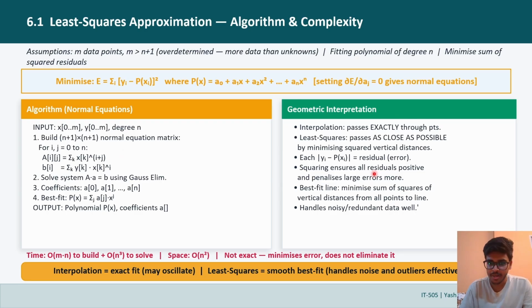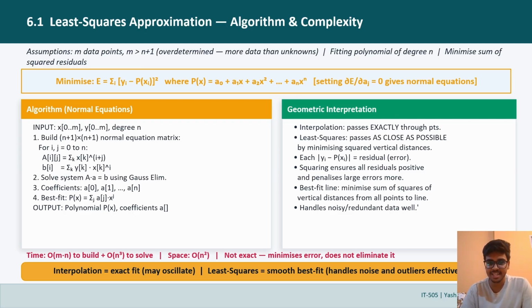Geometric interpretation. Think of it this way: interpolation draws a curve that passes exactly through every data point, including all the noise and measurement errors in the data. Least squares instead draws a smooth curve that is as close as possible to all the points simultaneously, minimizing the total squared vertical distances.